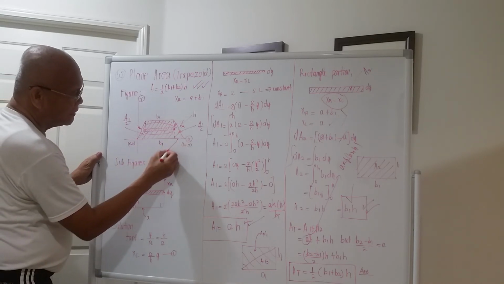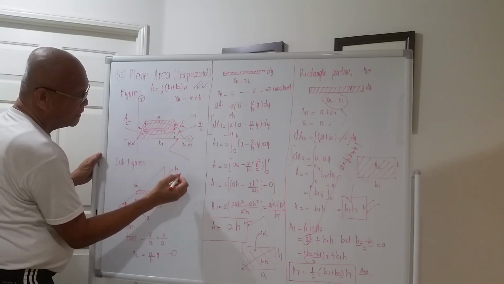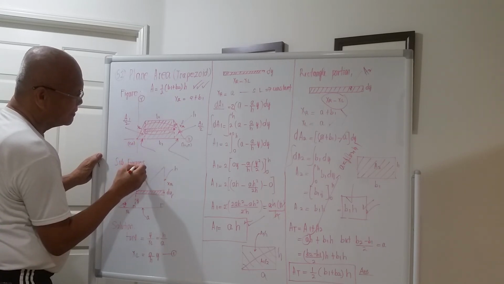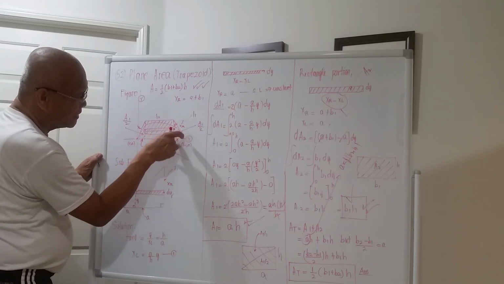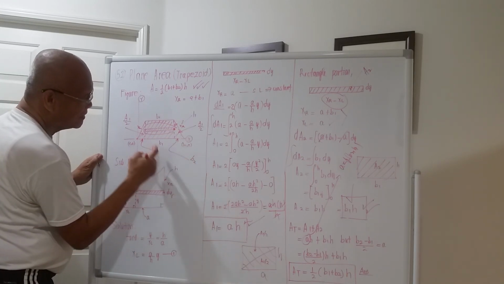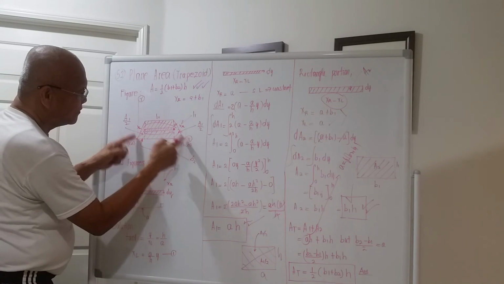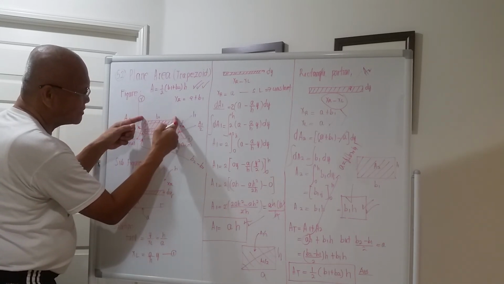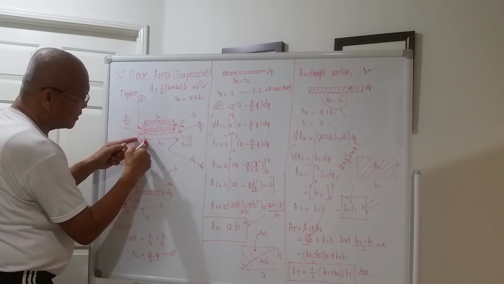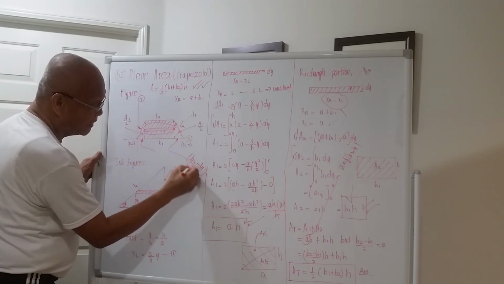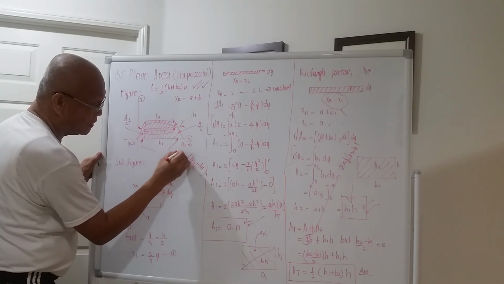This portion here is actually the same as this one, right? This portion here is actually the lower base minus the upper base. They are equal, right? So this is divided by 2. And that is actually equal to A.